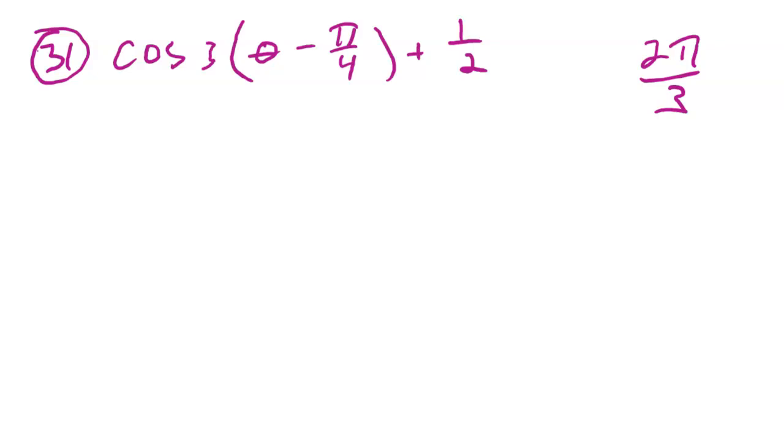So let's graph it. I'm going to graph y equals cosine of 3 theta plus 1/2. And I wish that wasn't a 1/2. It's not fun. I wish they'd just give me 5 or 4 or negative something, but fractional, not fun. So I got this.